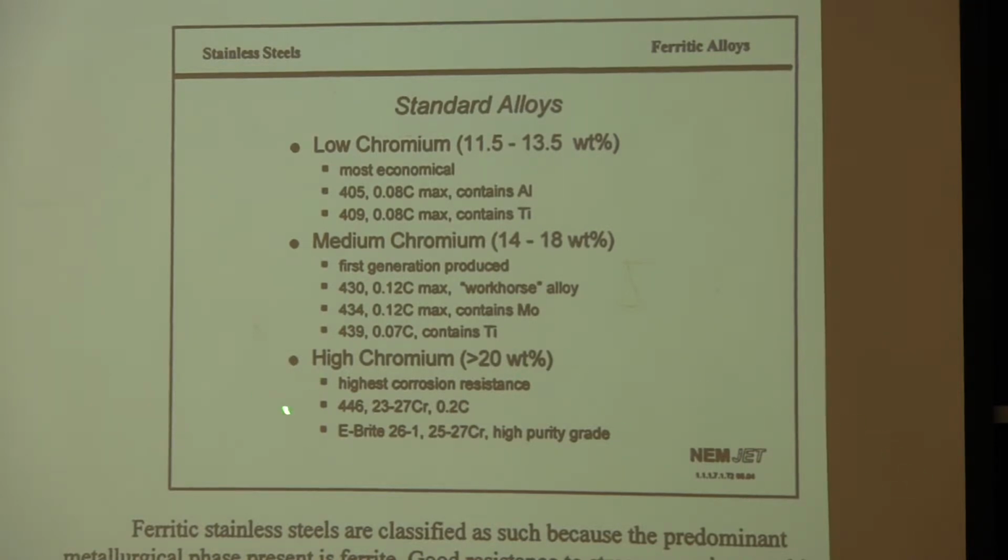And then in more recent past, people have started developing higher chromium alloys, and these are typically proprietary applications. There's something called E-Brite. They're higher in purity because of the higher alloying elements. You've got to be more careful about the purity. They're also, because of the higher chromium content, the highest in resisting corrosion. They're also the most expensive.